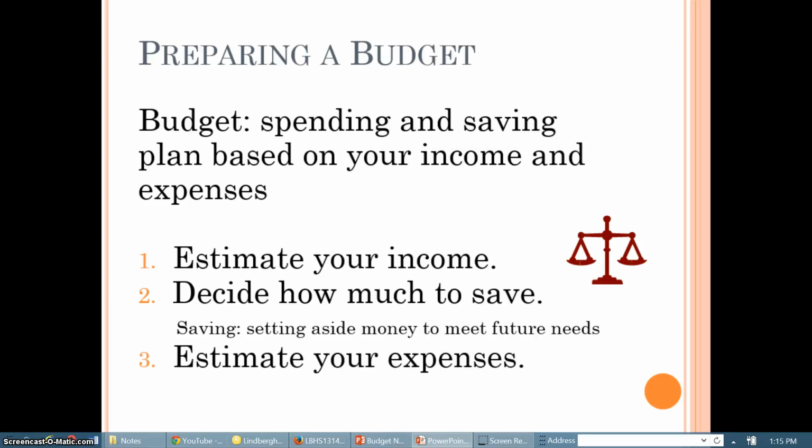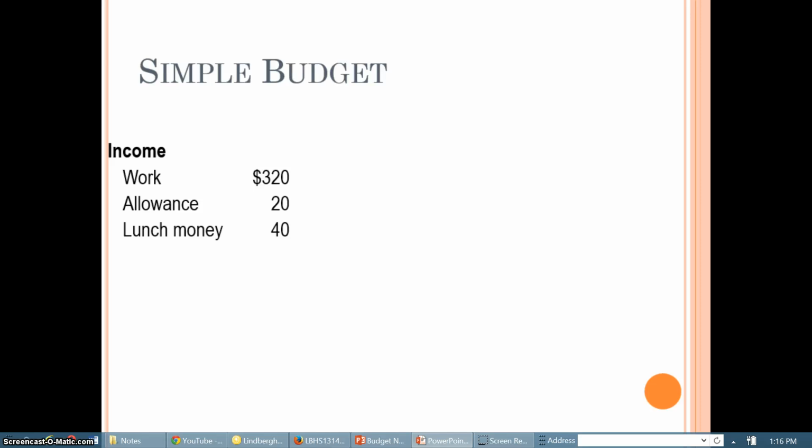You want to estimate what your expenses are, those fixed expenses and those variable expenses, and balance your budget. Well, what does that look like? Well, here's a simple budget for you to look at. If my different sources of income are work, allowance, and lunch money, then my total income is $380.